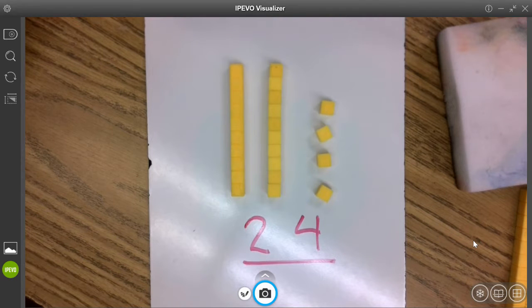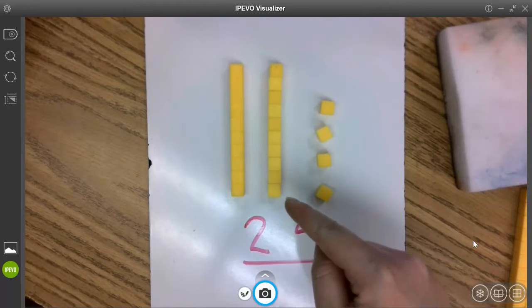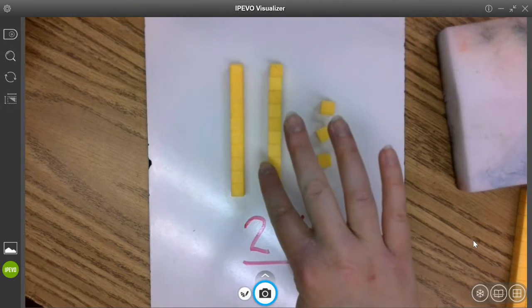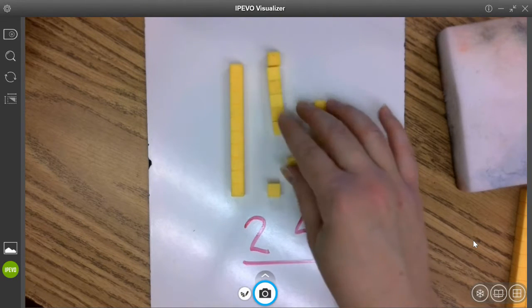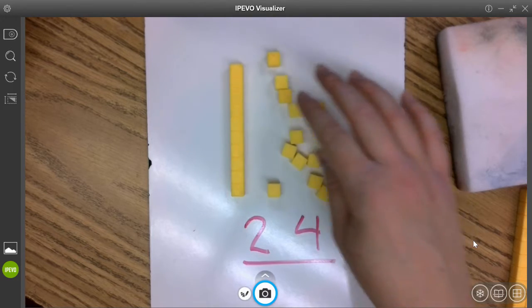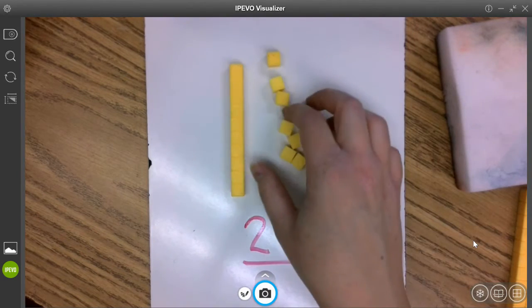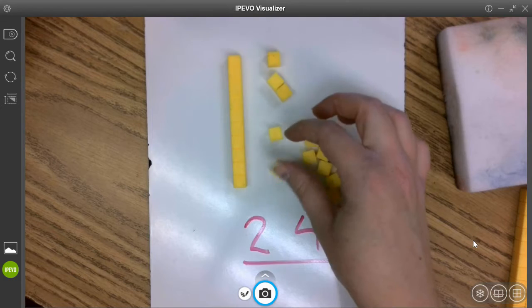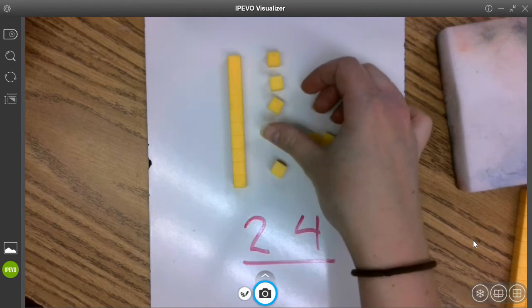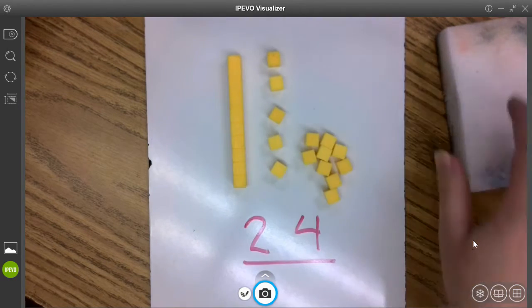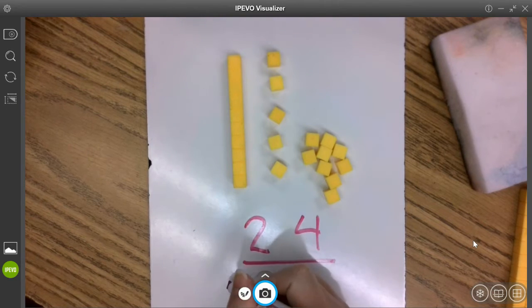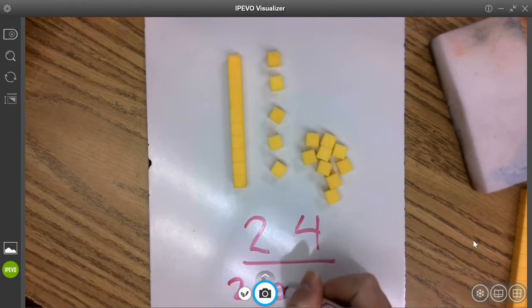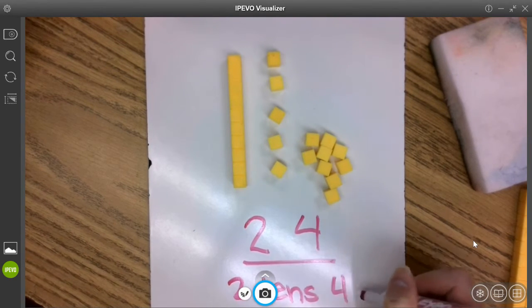But guess what? This 10 stick right here is not actually a 10 stick. I made this 10 stick out of a bunch of 1s. So really, even though we just said I can make it with 2 10s and 4 1s, I'm going to write that down. We said 2 10s and 4 1s.